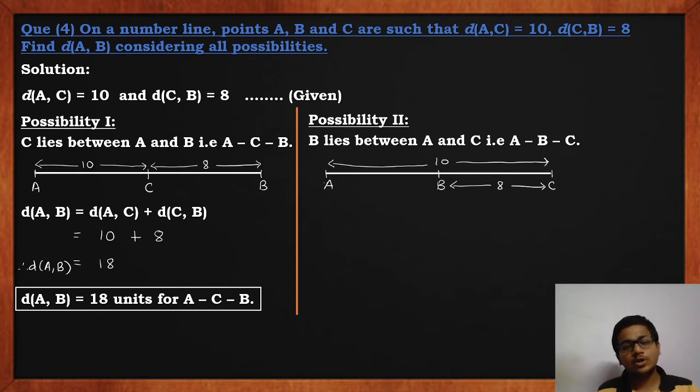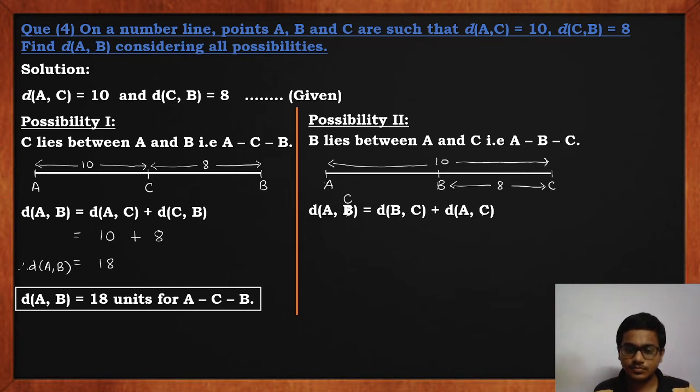Okay, in this case also, segment AC will be equal to segment AB plus BC. Yes or no? This is segment AC, which is equal to segment AB plus BC. Now add it. Do I know the value of AC? Yes. Distance AC is 10. That is equal to distance BC, which is 8, plus distance AB, which we have to find out.